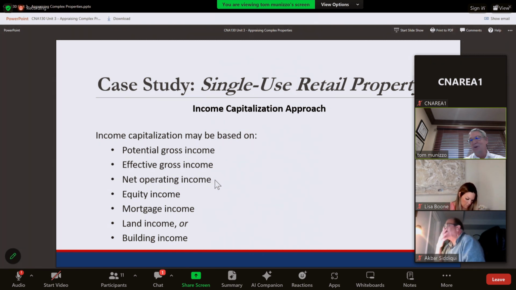So this is where you're getting rid of your utilities, your insurance, your reserves, all that. Once you take all that, you end up with the net operating income, and that's going to be used as the basis for your capitalization to arrive at a value indication by the income capitalization approach. You follow me? Any questions? All right.